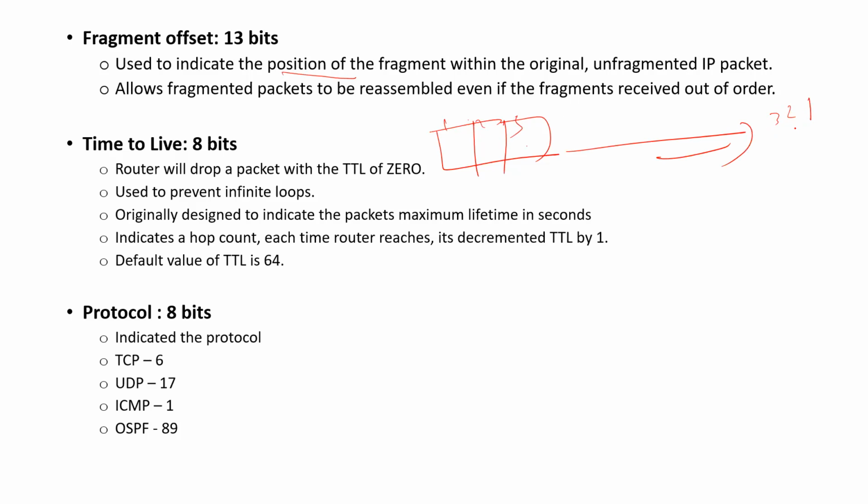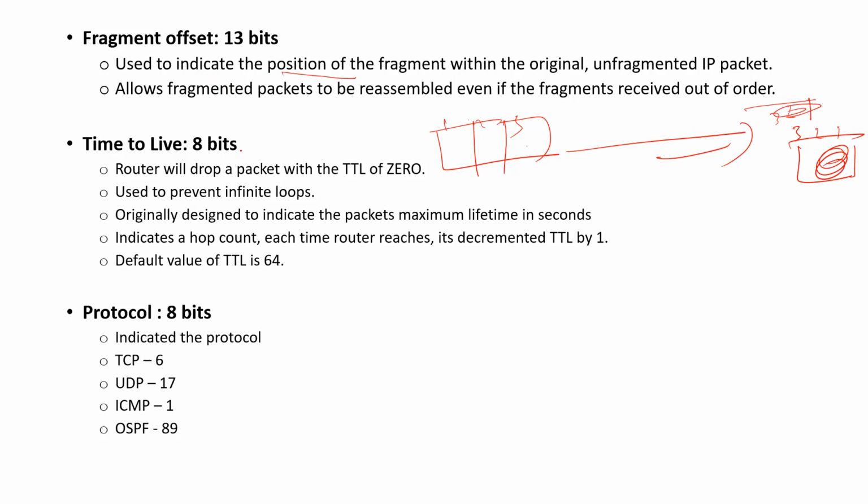There can be mixing, first 3 is received, then 2, then 1. So the offset will reassemble the data based on the fragment offset. It allows the fragments to be reassembled even if they are received out of order.